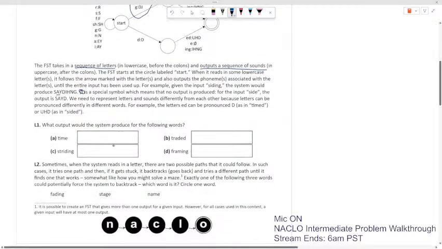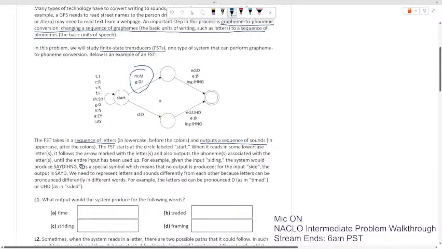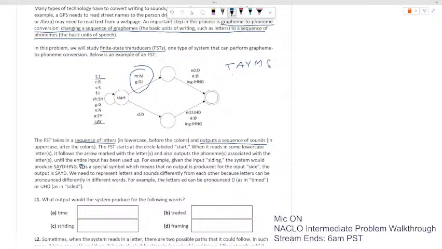Okay. What output would the system produce for the following words? Time. I think we just follow this, right? T, T, I, M, E, time.